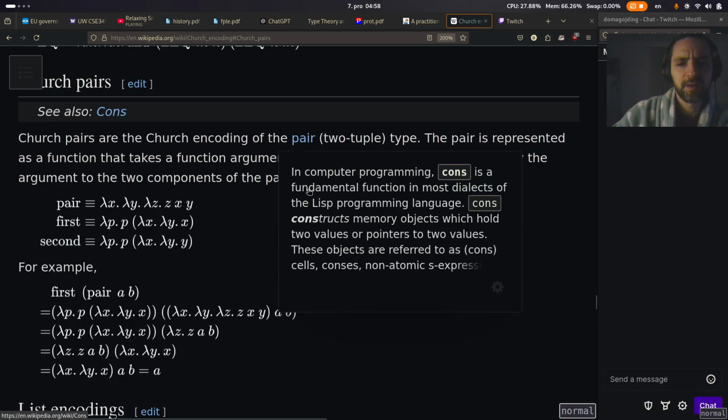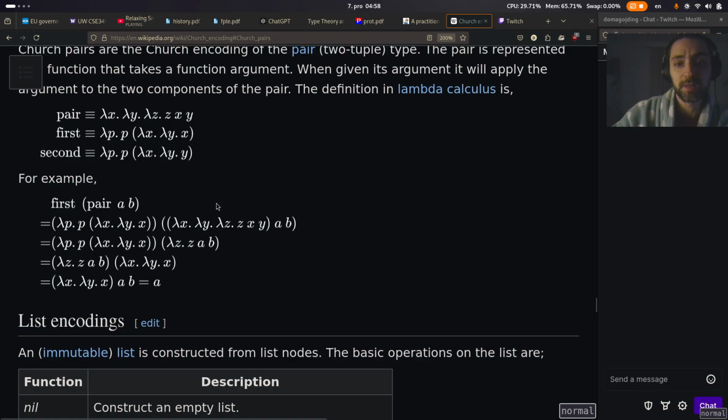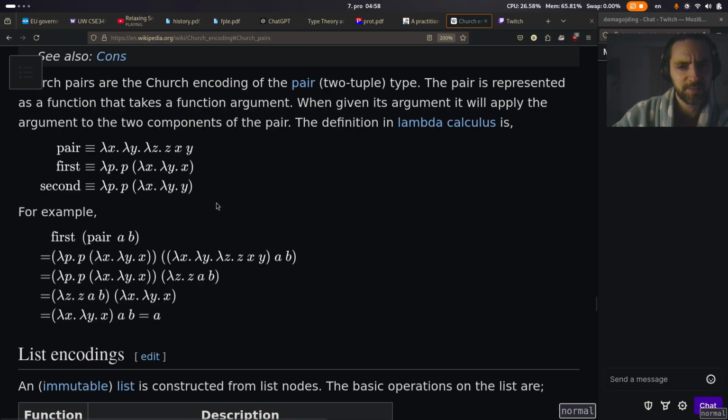Cons, pair. And what can you do with pairs? You know, one idea is like maybe you could do everything with a pair. Like, could you create a list with a pair? Maybe, right? It will take really long time, but you could create a list basically.